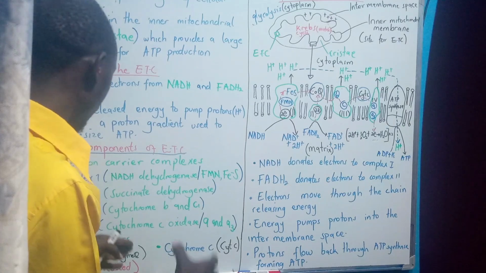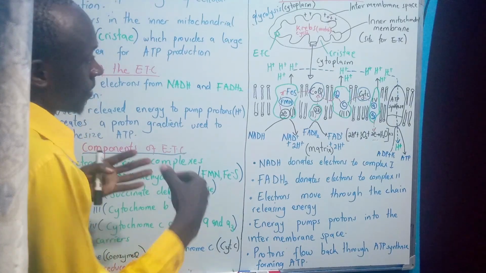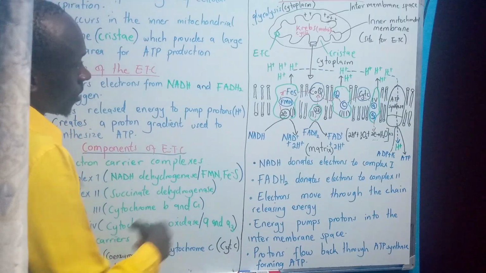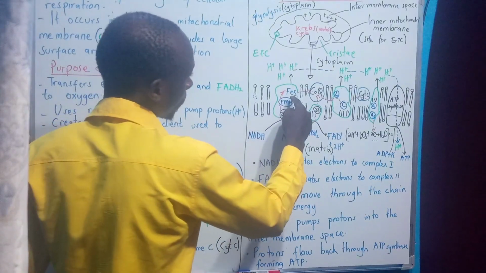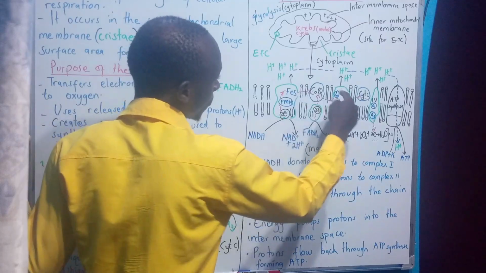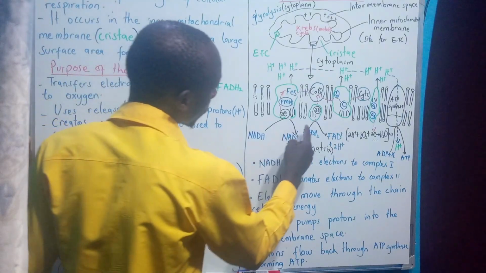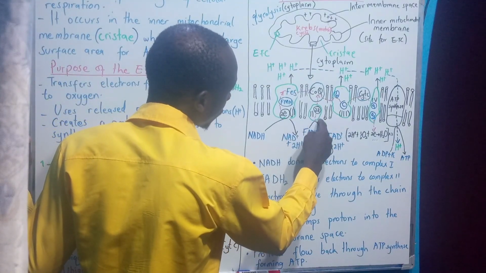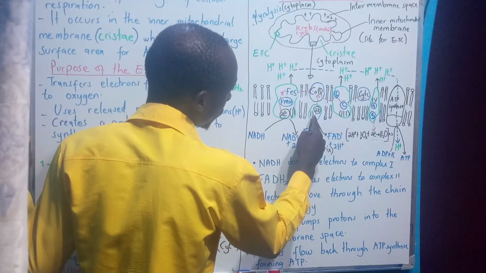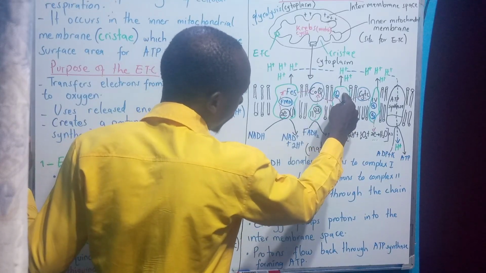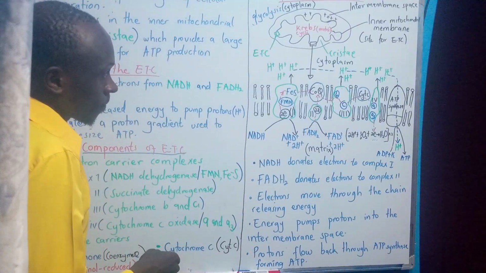It is just a coenzyme, and it is a mobile electron carrier. It is going to carry an electron from the first complex to the third complex. It is also going to carry an electron from the second complex, because this complex releases an electron and then it is taken to the third complex.